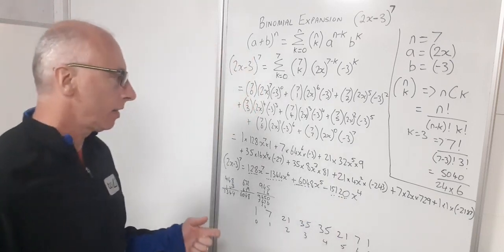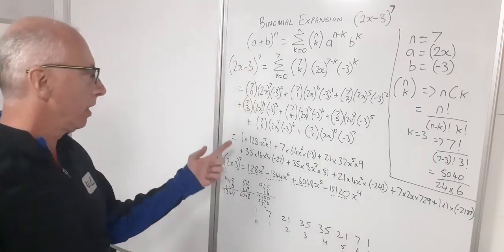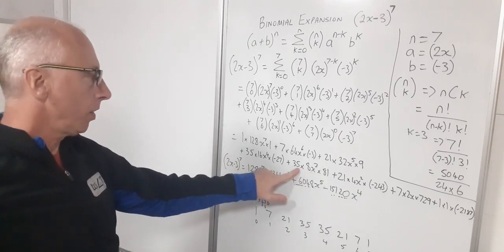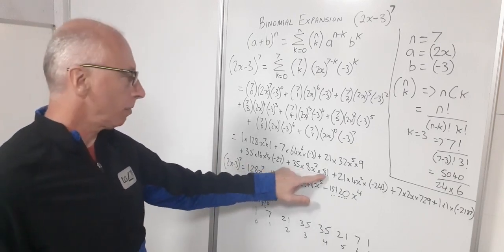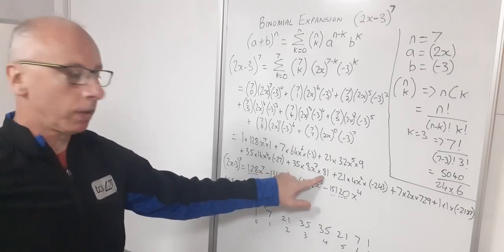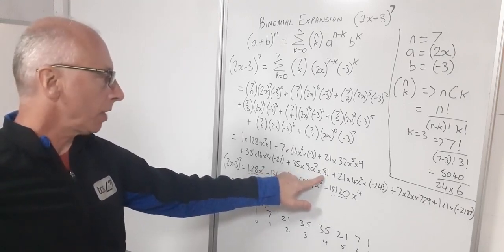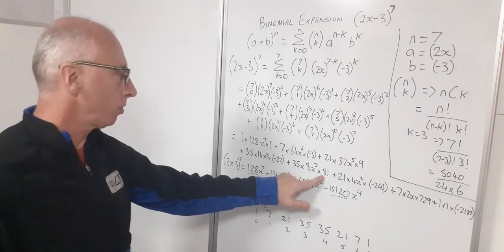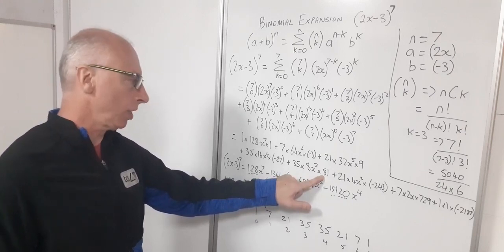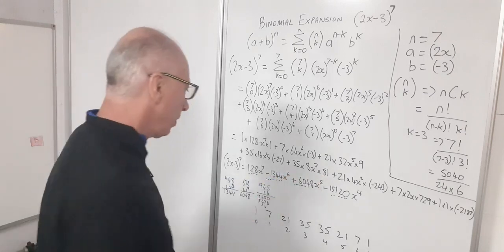Now what about x to the power of 3? Let's have a look at this one. Where is it? Here it is. So 35 times 8 times 81. Well, let's do 35 times 81 first. So 35 times 8 is 280. So that's 2,800 plus 35, 2,835.